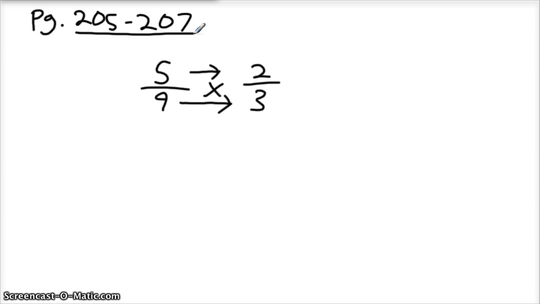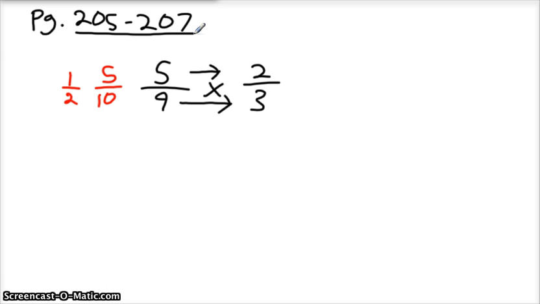Now, some things to look out for. For example, if this happened to be 5 over 10, you could simplify it down to simply 1 over 2. So that's something to look out for.